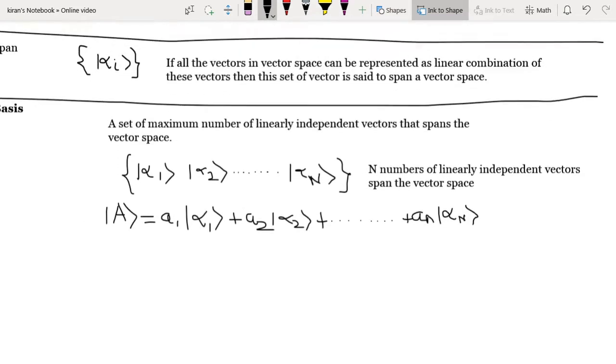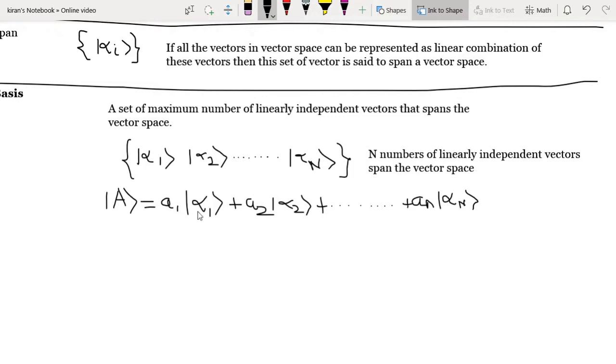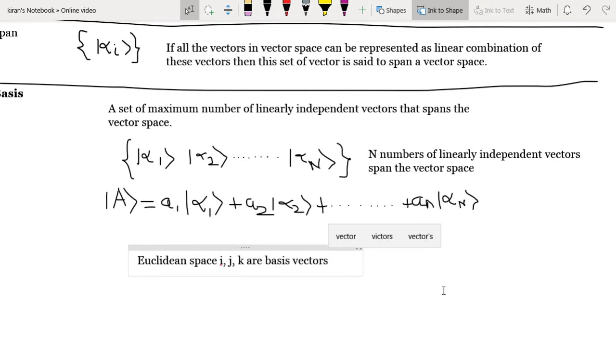Isn't that what we do in our Euclidean space? In Euclidean space, we represent any vector in terms of i, j, and k. You can represent any vector in Euclidean space using i cap, j cap, and k cap, as a1 i plus a2 j plus a3 k.